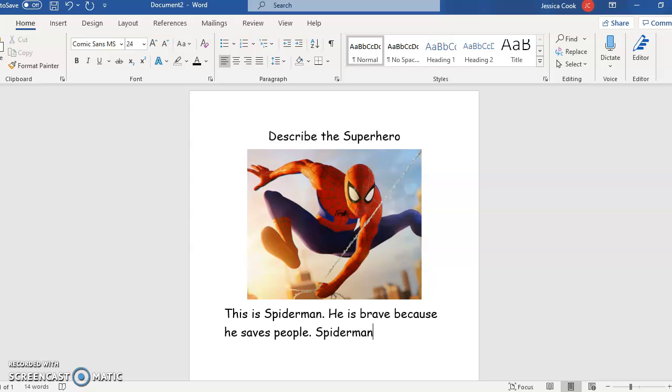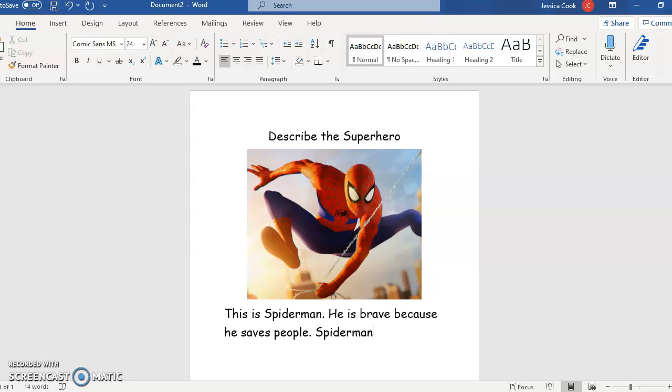You could come up with your own sentence there. You might start by saying, "This is Spider-Man. He is blue and red. And his superpower is he can make webs come out of his hands." You can come up with whatever sentence you want, and I would like you to draw your own picture of Spider-Man as well.